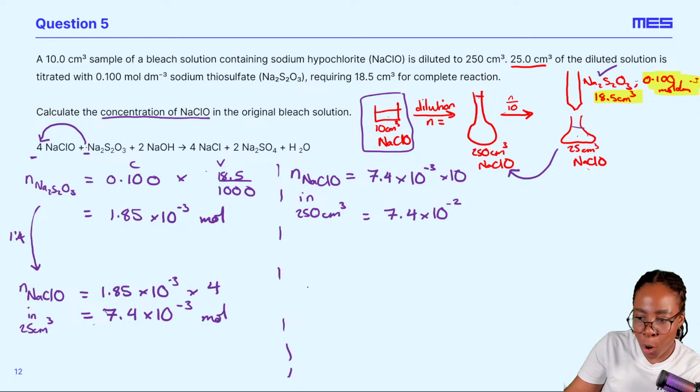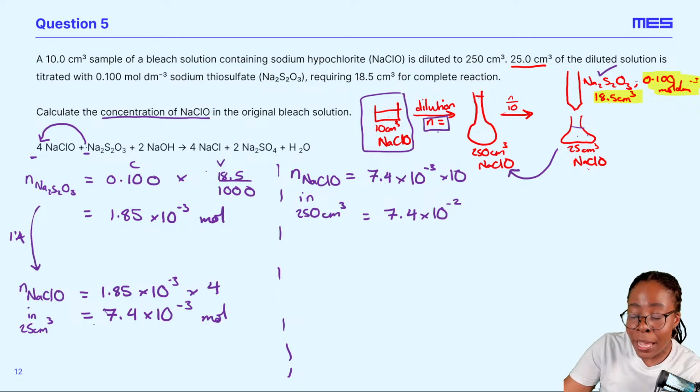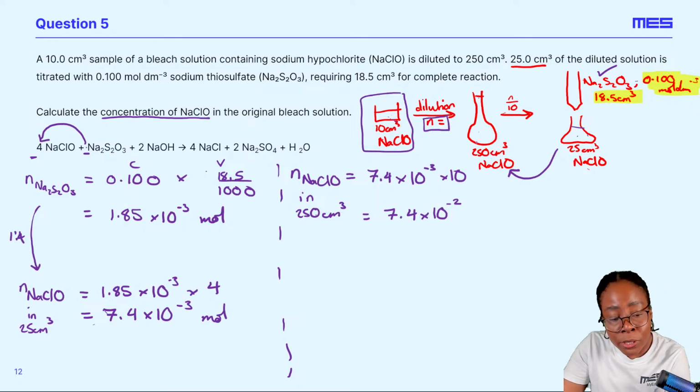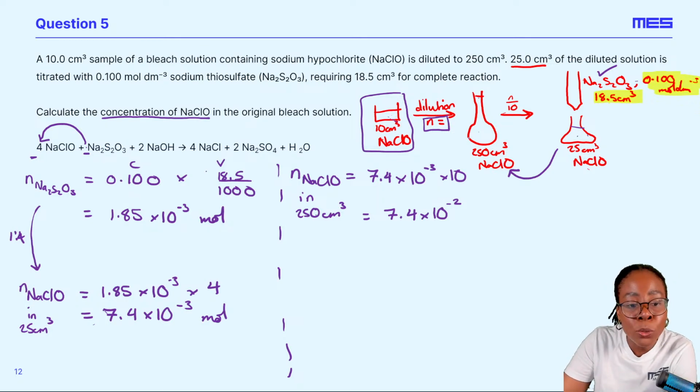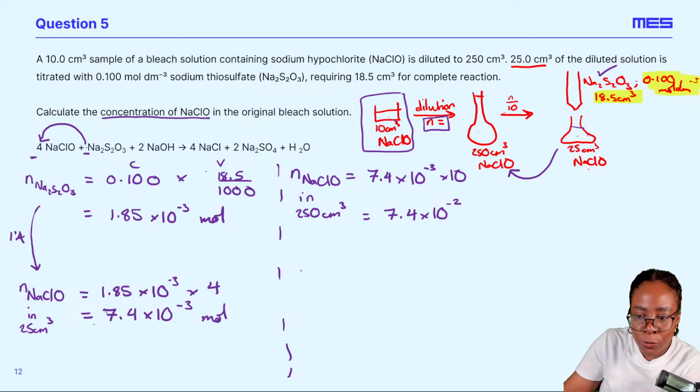The number of moles of NaClO in here, as we mentioned before, is the same as the number of moles that were in our original solution. Because going from the original solution to the diluted solution, we only added water. The number of moles of NaClO did not change. I'll say that one more time.